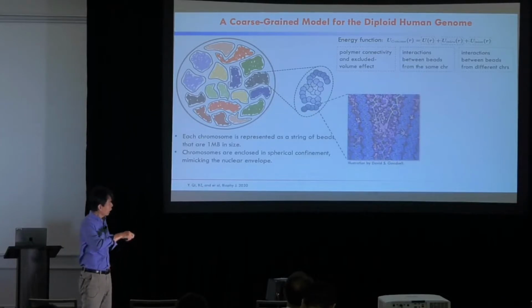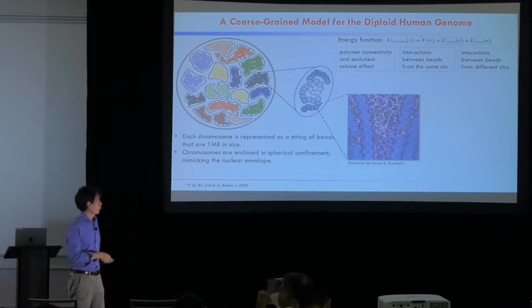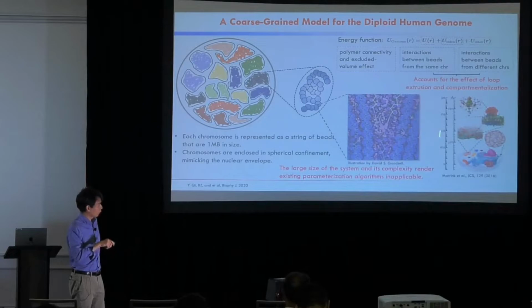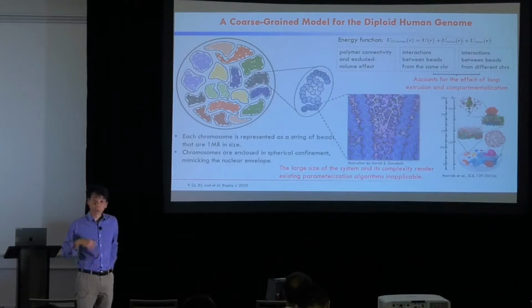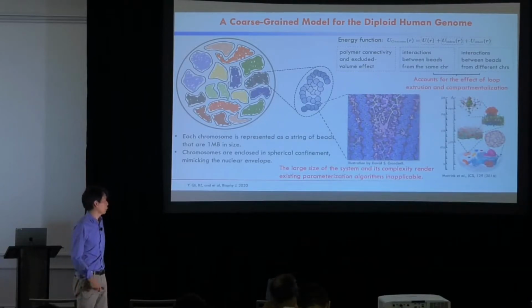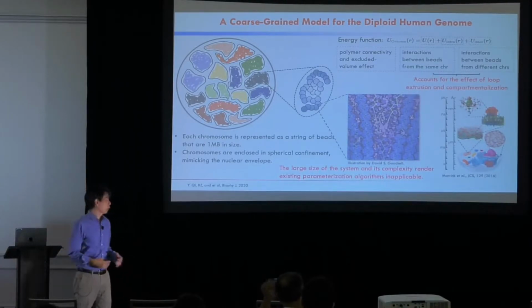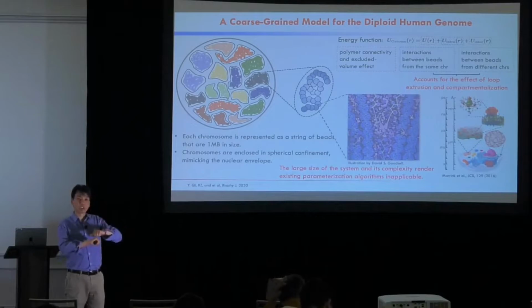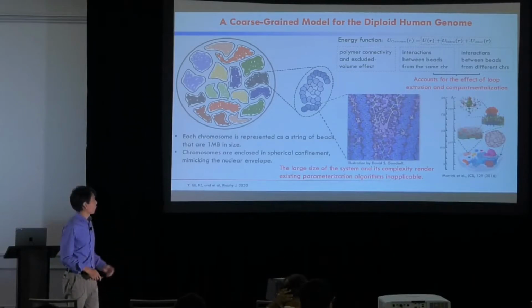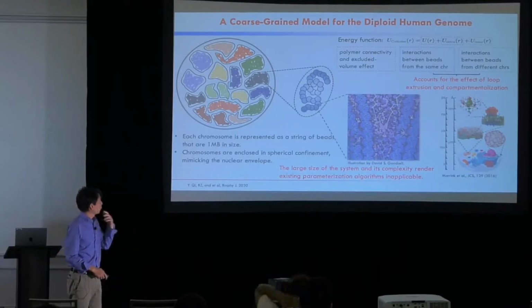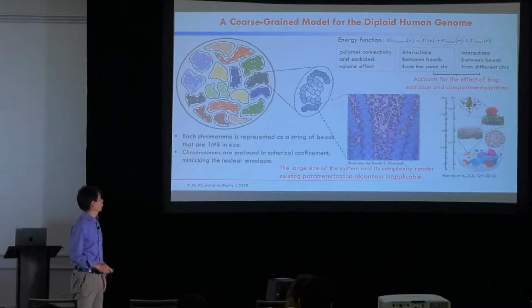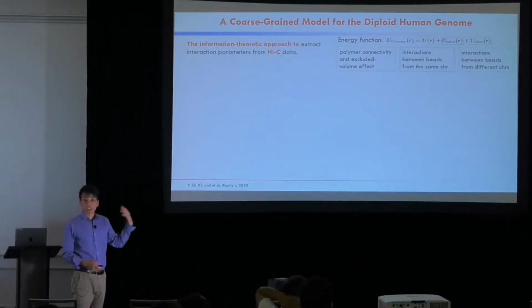The complexity of the chemical composition of the bead and also the larger size render the very popular bottom-up parameterization approach infeasible. We simply cannot afford to run quantum mechanical calculations to figure out the interactions among the particles in our system. So to parameterize the energy function, we really have to think outside the box. That's where Hi-C comes in.